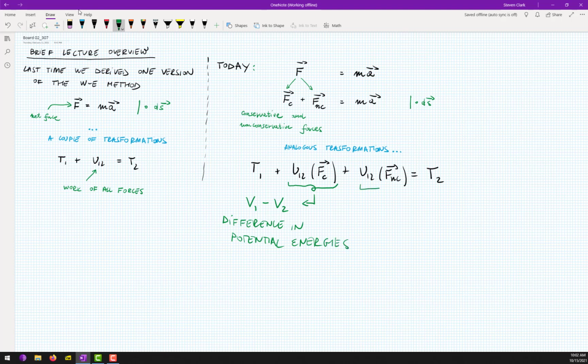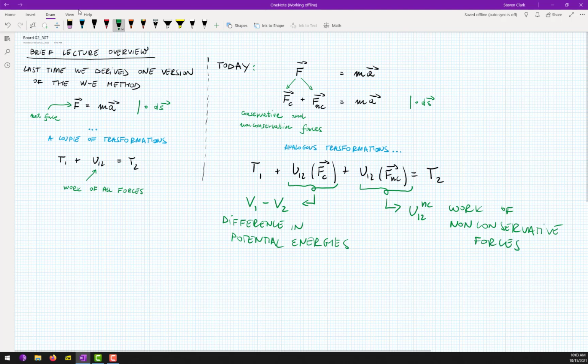And this we will treat exactly the same way we treated it last time. So this will be U12 non-conservative. This is the work of non-conservative forces.